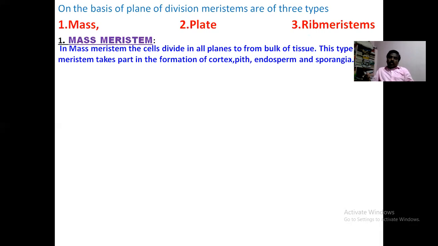Its growth contributes to the primary structure of the plant body, including cortex, pith, endosperm and sporangia, all produced by this type of mass meristem.